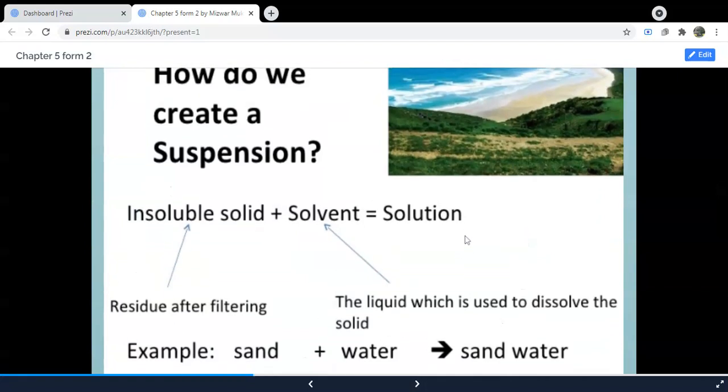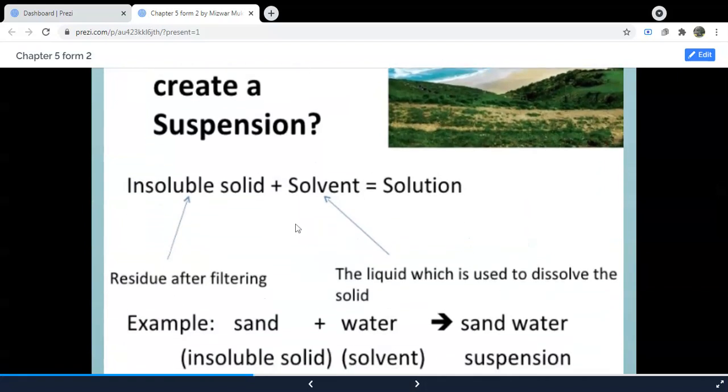Okay, how do you create a suspension? Example, sand. Sand cannot dissolve in water, right? And you mix with the water. So dia akan jadi sand water suspension. Itu adalah maksud suspension.